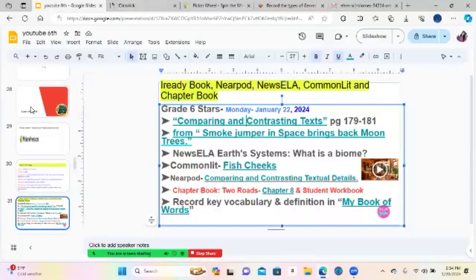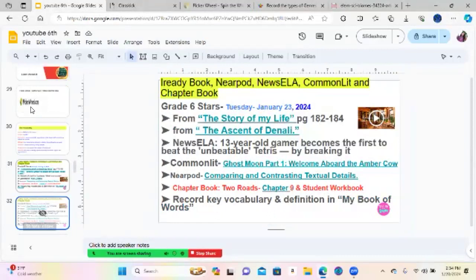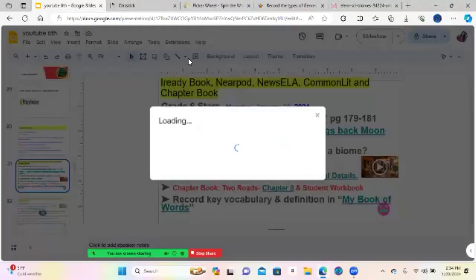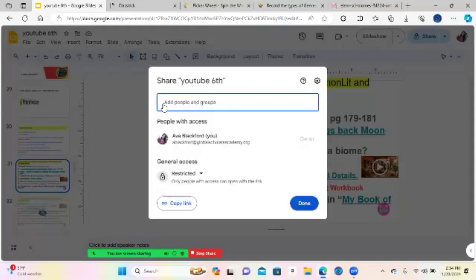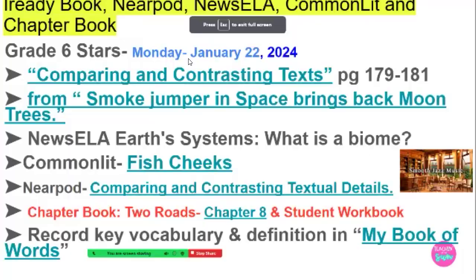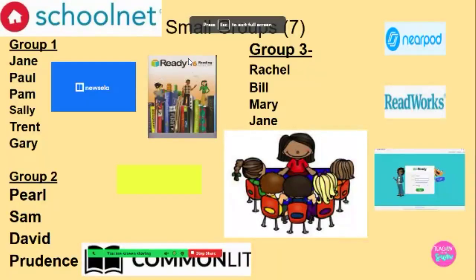Remember, while you're in your small group, you should not interrupt me while I'm with a group. You should work quietly at your table, all right? And I will be working with a group of students.